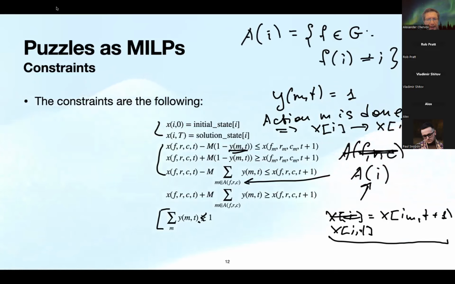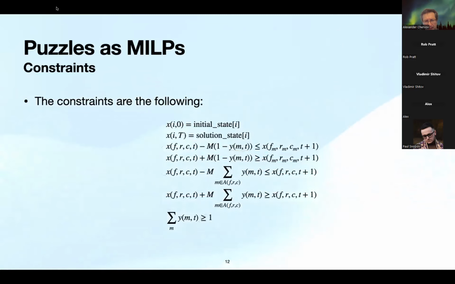Otherwise, and then what is M? Is it a matrix? Oh, you mean the big M? The big M is just a big constant in order to make this linear programming machinery work.